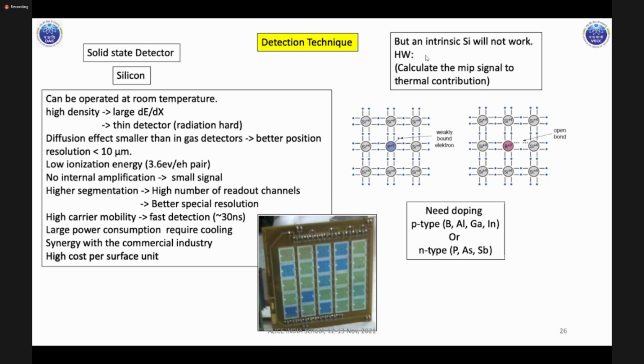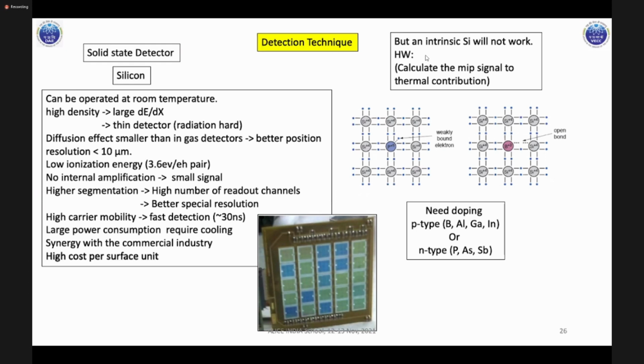When an ionizing particle enters, it will knock out one of the electrons from the valence band and create a vacant site, which is called a hole. This knocked out electron will go to the conduction band and will be free to move. Now, if you apply some voltage across this semiconductor, then depending on the charge and the type of the electrode, electrons will move in one direction and the holes in the other direction.